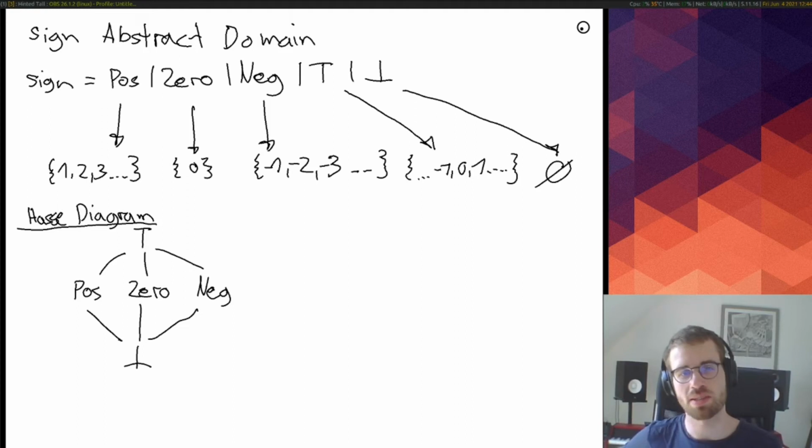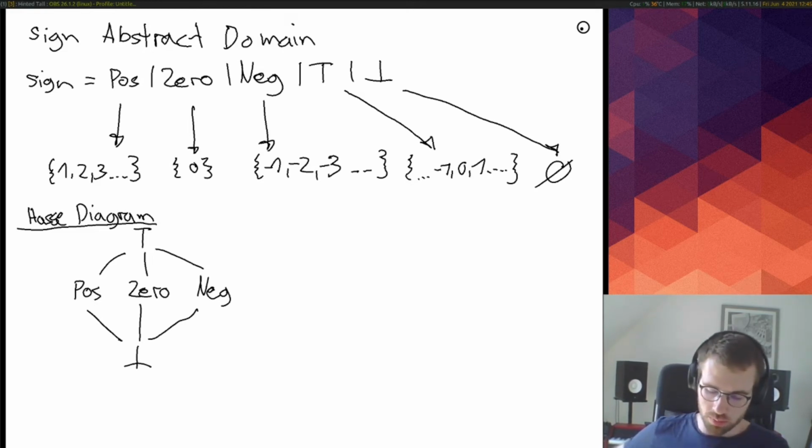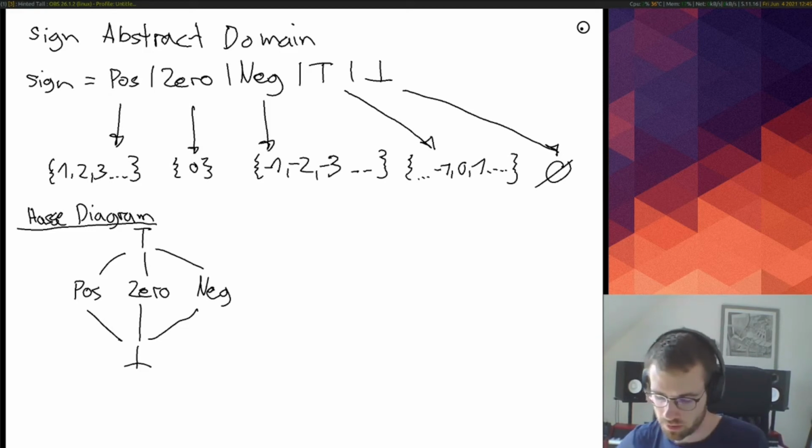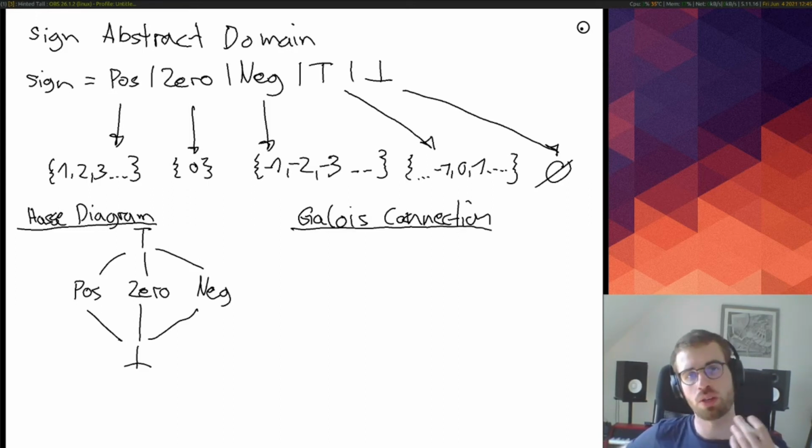And this ordering tells us which of the abstract values are more precise than other values. Now, this relationship of how the values of the abstract domain relate to the sets of values is called a Galois connection. And the Galois connection consists of two functions going in one and the other direction.